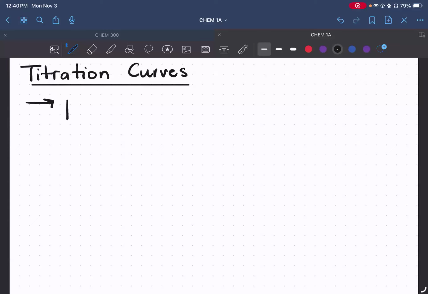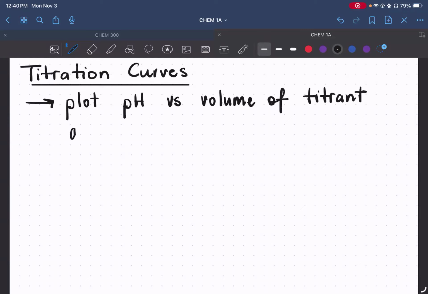Titration curves, in essence, plot the pH of a solution versus the volume of titrant added. Where titrant, of course, or at least in this case, refers to what's in the burette. It's what you're adding.